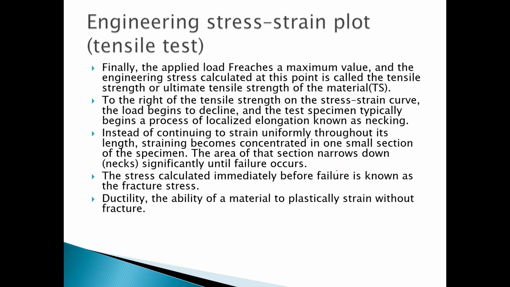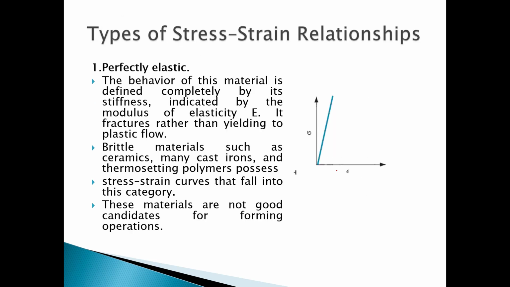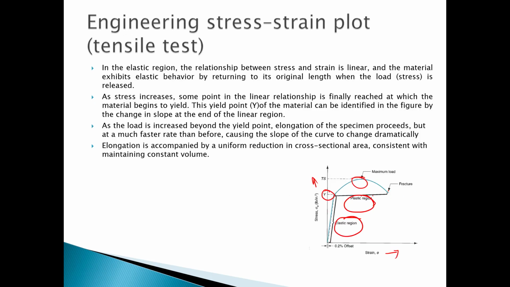To the right of the tensile strength on the stress strain curve, the load begins to decline and the test specimen typically begins a process of localized elongation known as necking. So this is the localized elongation.